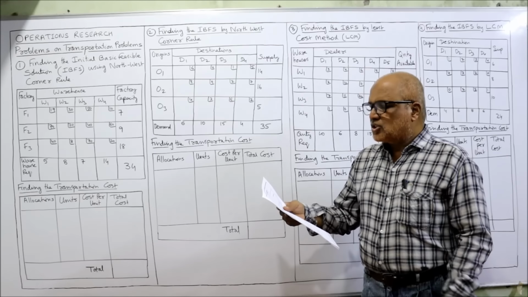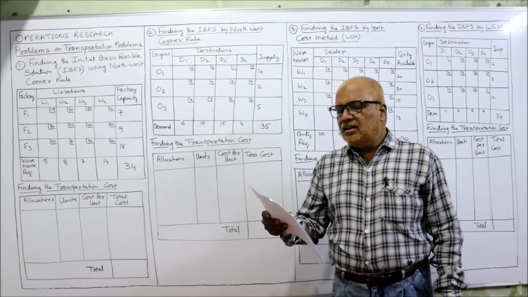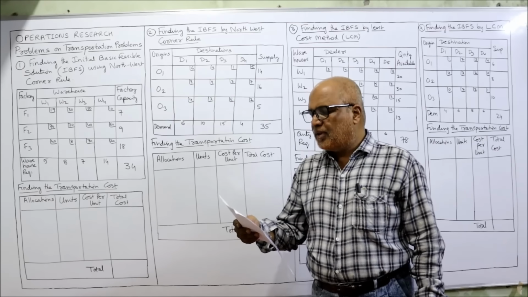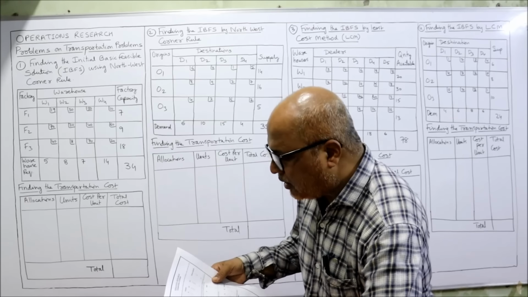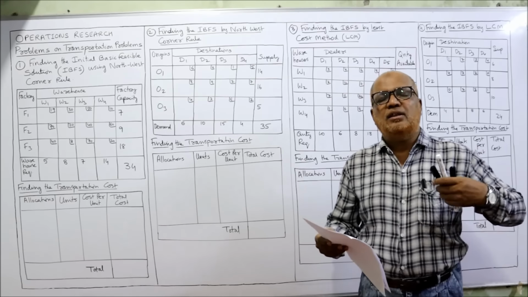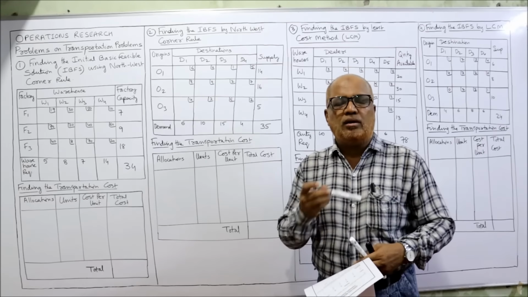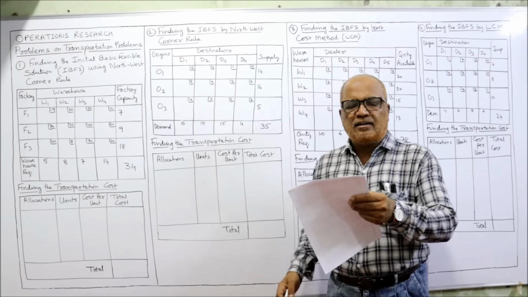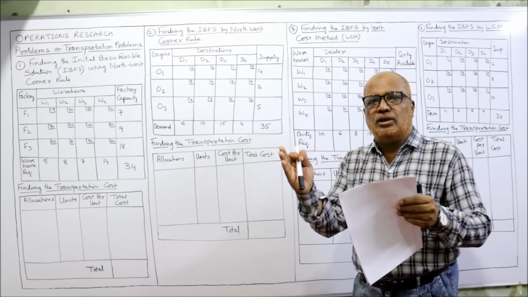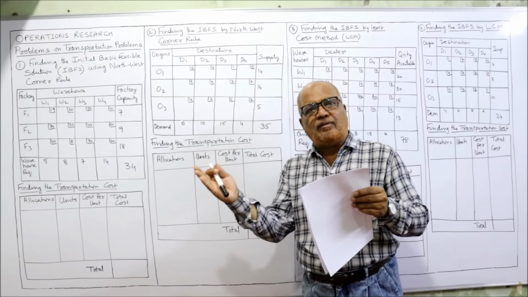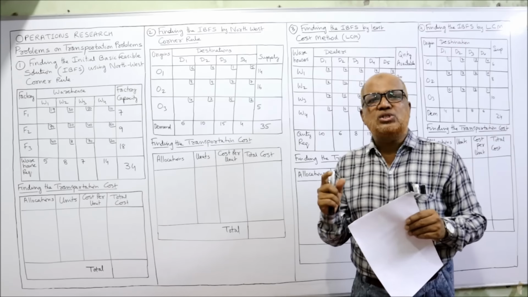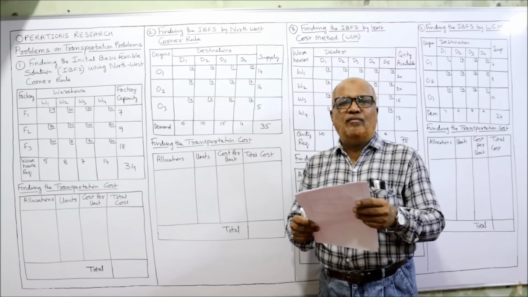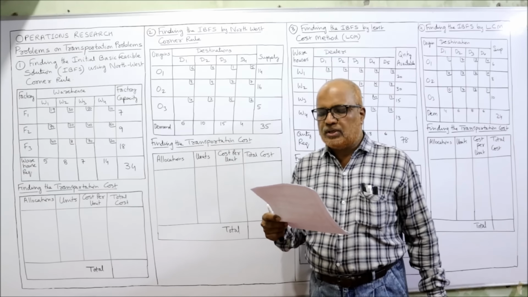See the problem. The first problem I am reading out. Find the initial basic feasible solution to the following transportation problem using the northwest corner rule. So it is specifically given in the problem that we have to apply the northwest corner rule. Now the transportation table is given. Factories are the origin, that means the goods are transported from factories, and warehouses are the destination. So three factories, F1, F2, F3, and four warehouses, W1, W2, W3, W4.